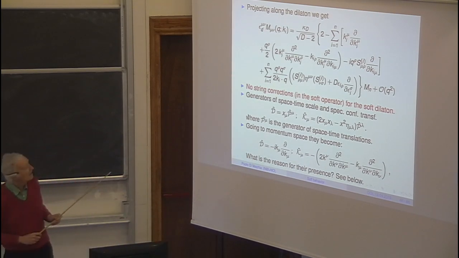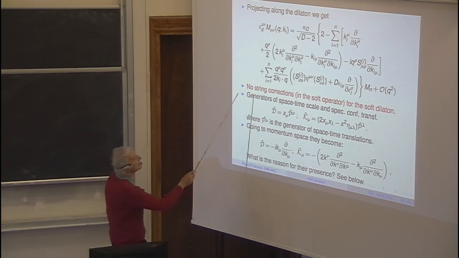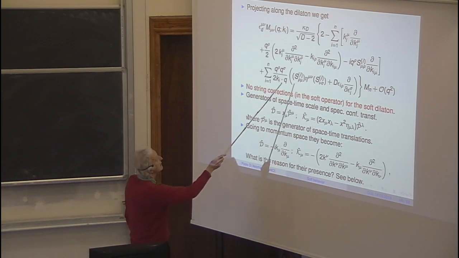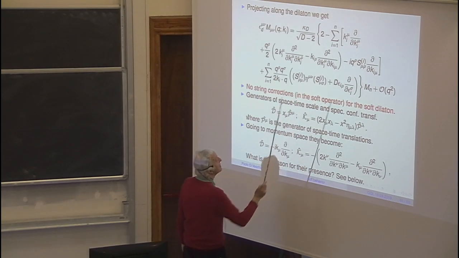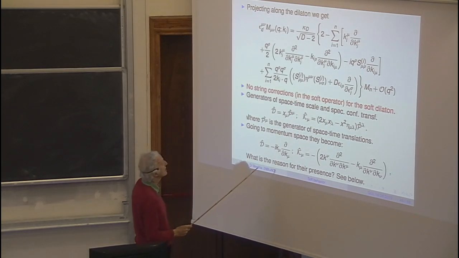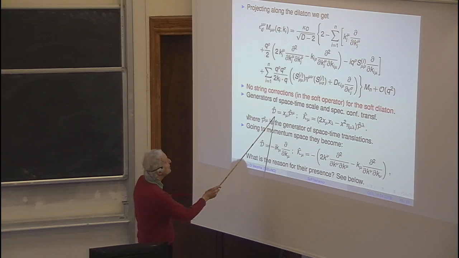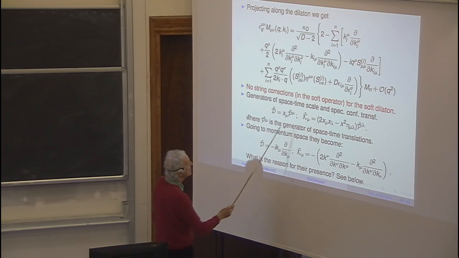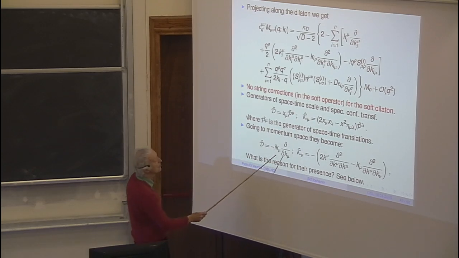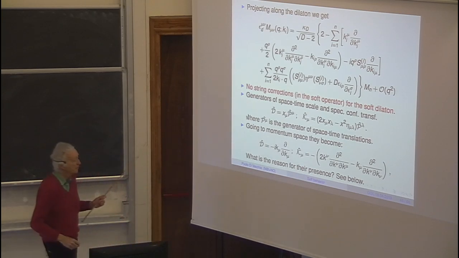If you project along the dilaton, that's what you get, a term like that and a term like that. And if you take the generators of space-time scale and conformal transformations in momentum space, you see that those generators appear in the soft expression.